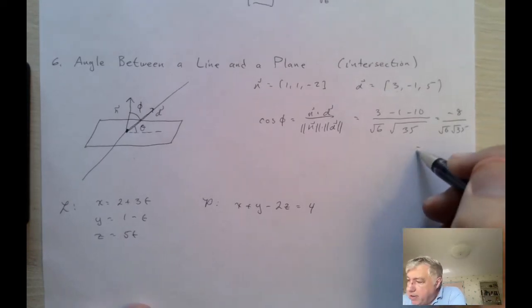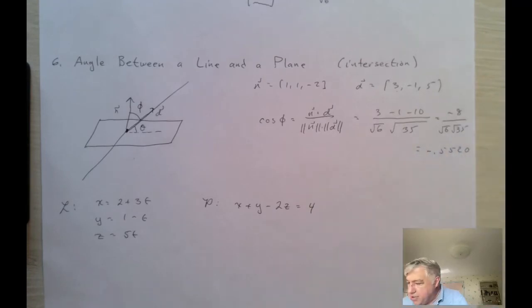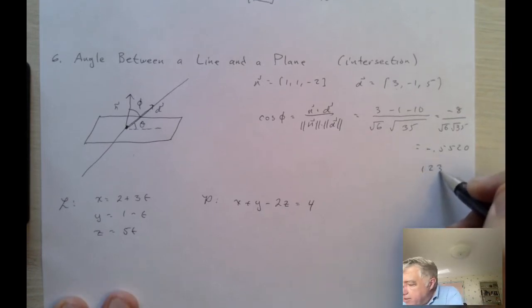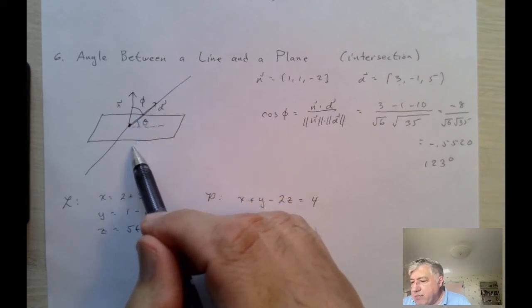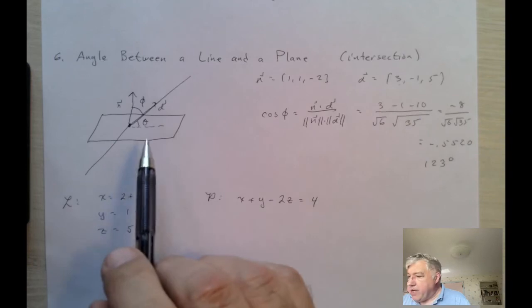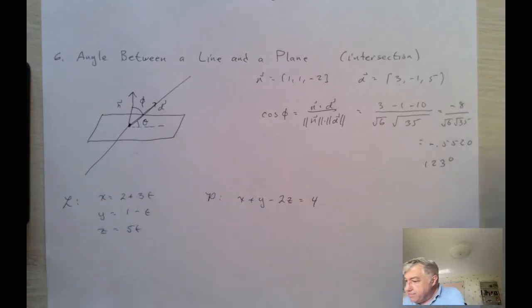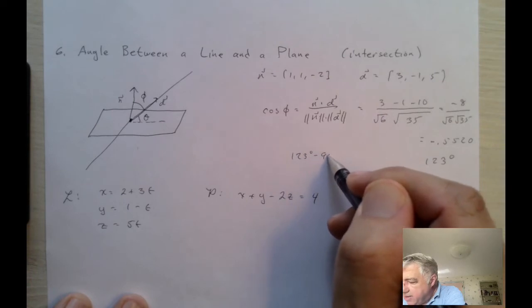You've probably already done this before I did. 0.5520, that's the cosine. Now we take the inverse cosine of that, and we get 123 degrees. So that would take us way over here, and then we can subtract 90 from that. So 123 minus 90.